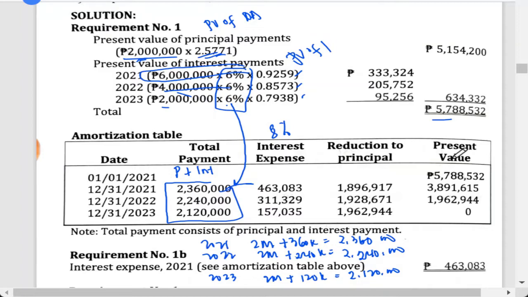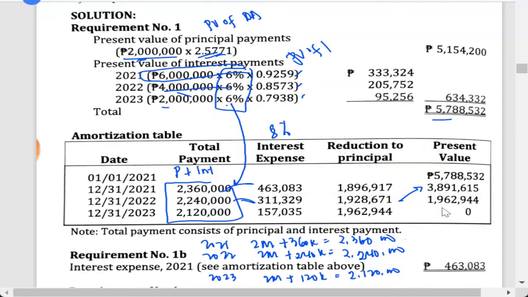Next, 3,891,615 times 8% again. So you have 311,329. And then again, get the difference. And this one will be added here. So, deducted from here. 3,891,615 minus 1,928,671.